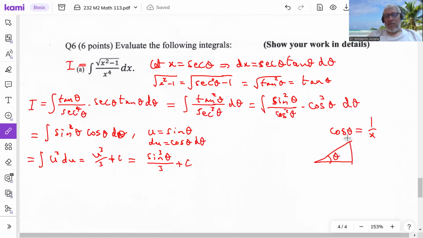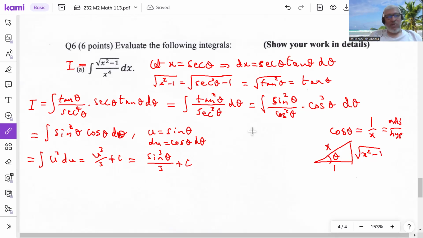So if this is theta and cosine is 1 over x, cosine is adjacent over hypotenuse. So adjacent of theta is 1, this is the hypotenuse, and this is the opposite. It should be the square root of x squared minus 1.